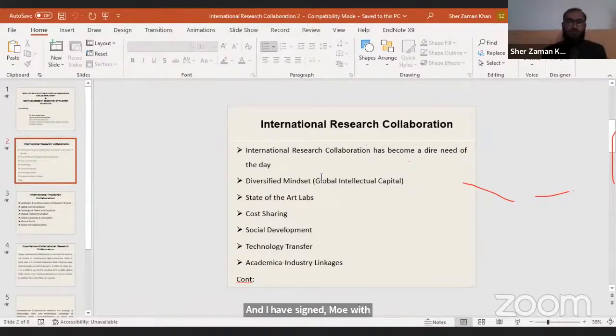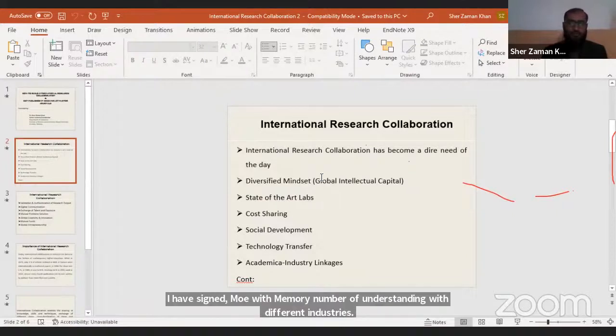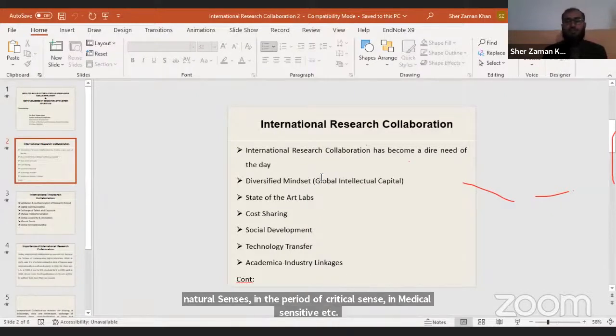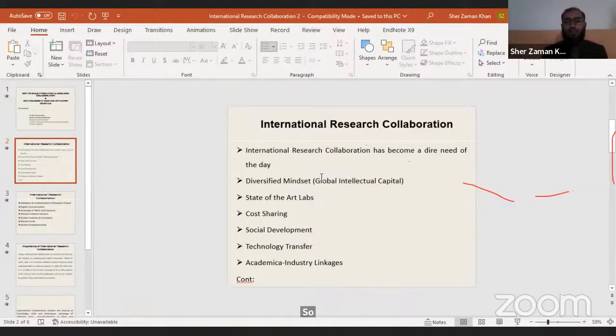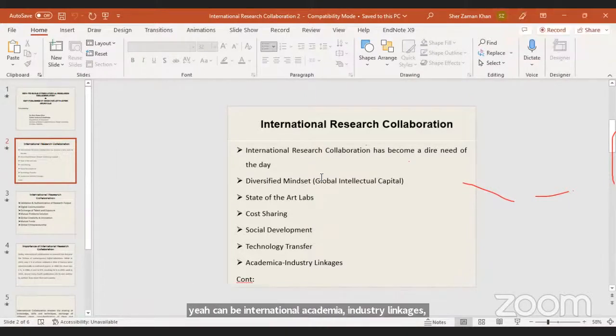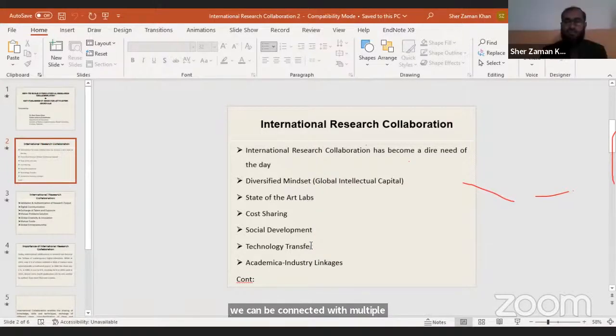They are providing us enough support for conducting research in social sciences, natural sciences, physical sciences, medical sciences, etc. So if we build an international research collaboration, there can be international academia-industry linkages. We can be connected with multiple industries, multinational industries, multinational universities, and so on.